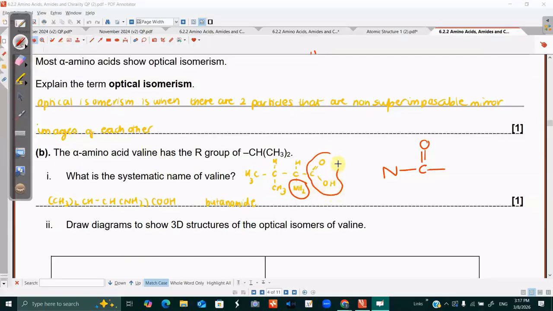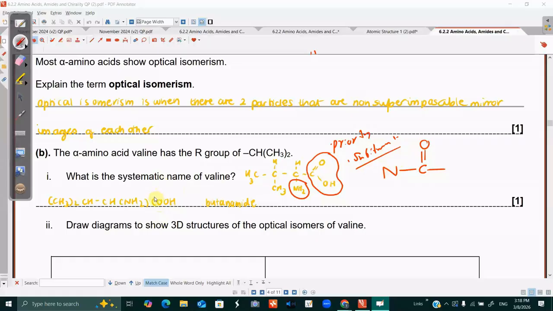Now you must prioritize one functional group over the other, right? When you prioritize one functional group over the other, the main functional group becomes the priority. You decide which one is becoming the priority, and the second one is becoming just the substituent group, right? A substituent group is not considered a functional group.